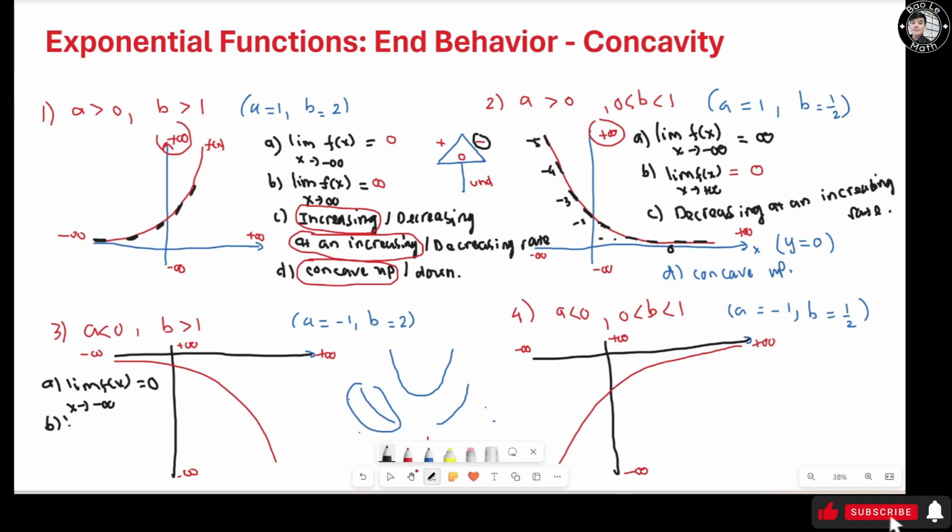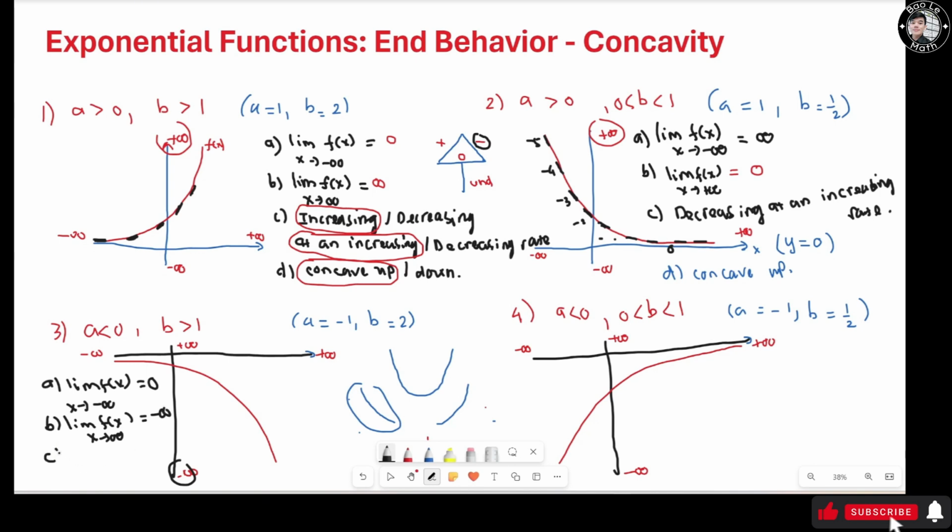Now, the limit of the function f of s when s approaches positive infinity. When s approaches positive infinity, the function is going down to negative infinity, because it keeps going down right here. So it's going to be negative infinity.